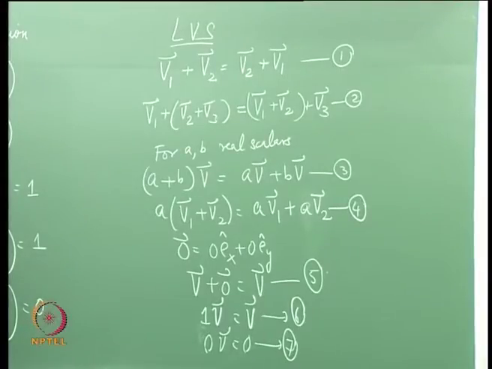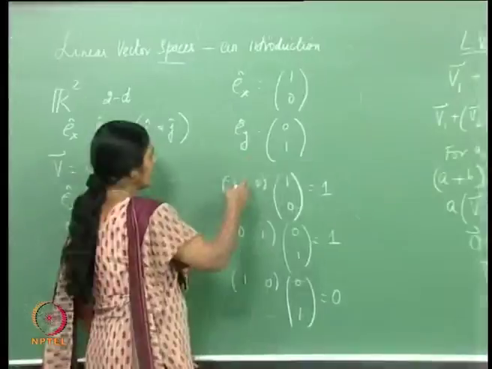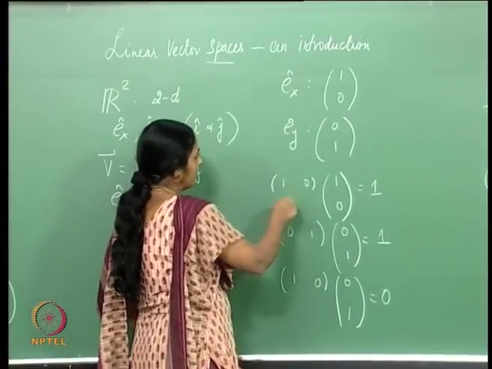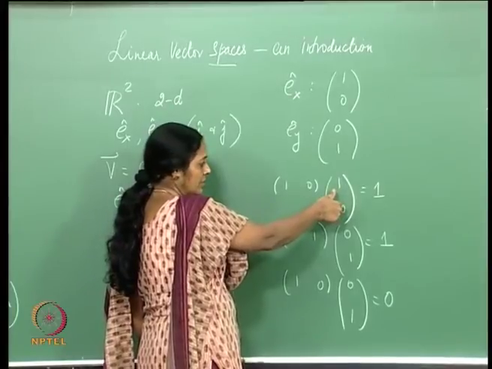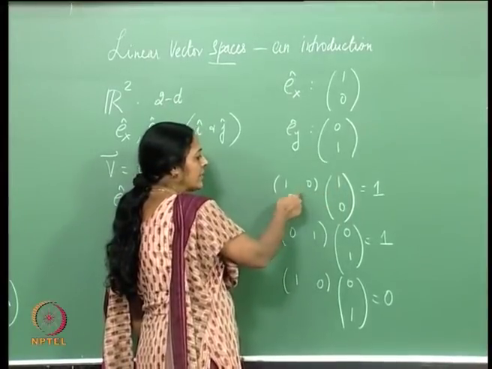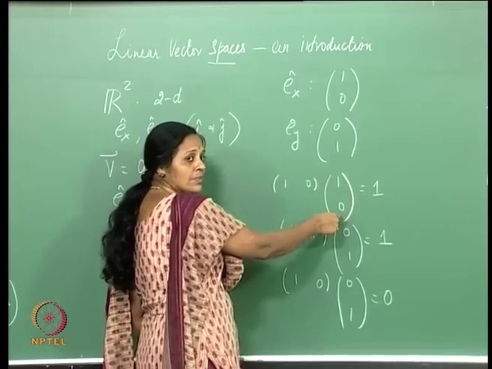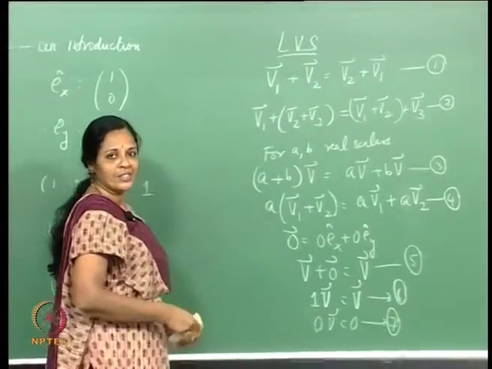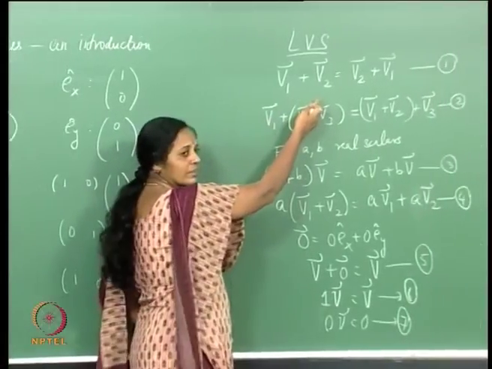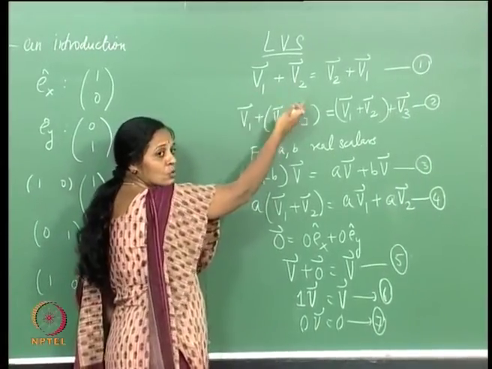Now, one thing is obvious. Let us go back to this example. I see rows and I see columns. It is clear that rows and columns cannot be in the same linear vector space, because look at property 1. I cannot add a row to a column.